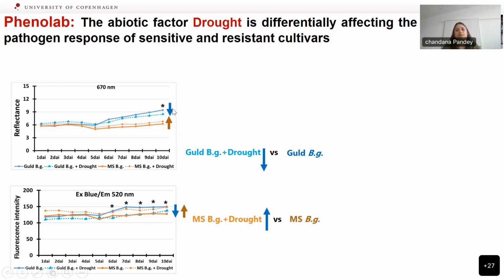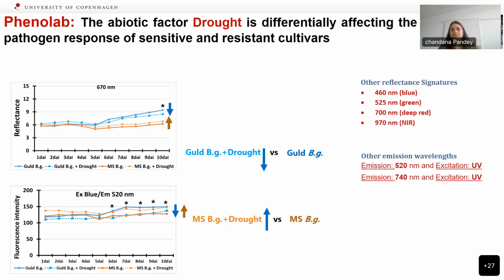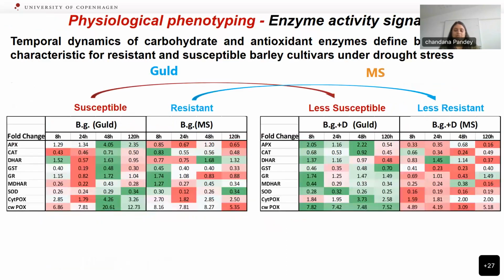So we found that in the gold sensitive cultivar, reflectance was decreased, but in the resistant cultivar, reflectance was increased. So again, it's proving our hypothesis, and that's where we wanted to connect our physiological data. And these are some details where we found, okay, these are the. Now we come to the physiological phenotyping.